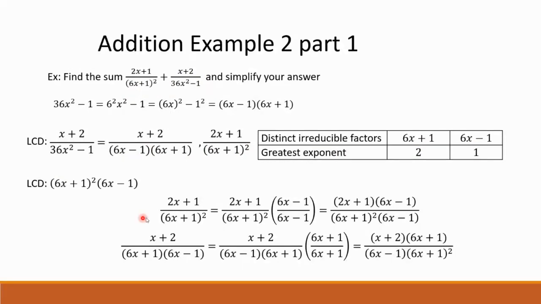So our LCD, the least common denominator, is this: 6x plus 1 squared times 6x minus 1 to the first, which is just 6x minus 1, as you can see.